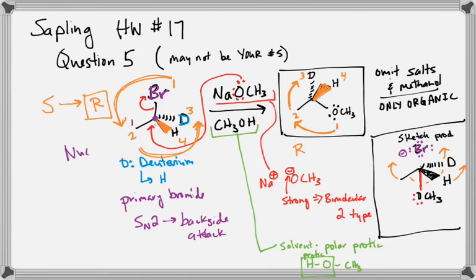To assign R and S, our lowest priority must be aimed away from us. So that means we would switch it to S. What happened? We started with R, we moved to S, we've done an inversion of stereochemistry, everything is perfect, we submit into Sapling, and hopefully we get our answer correct.